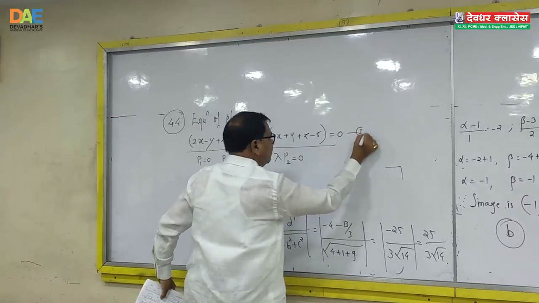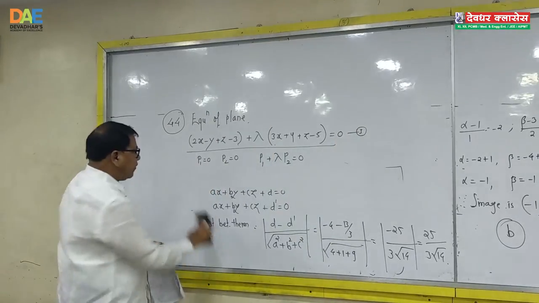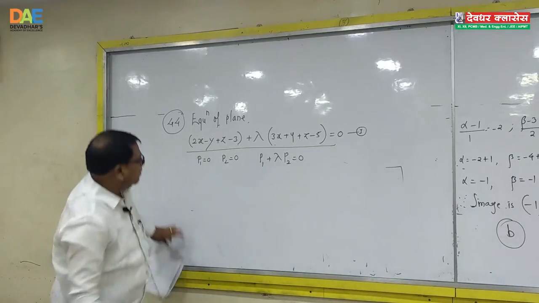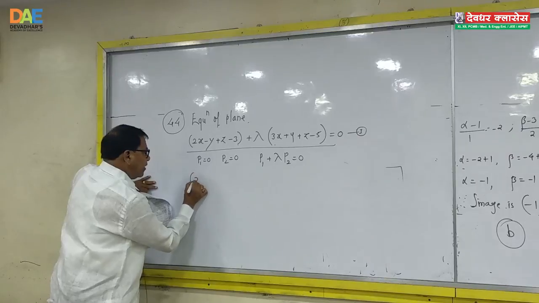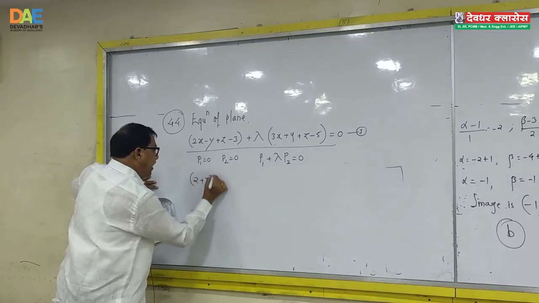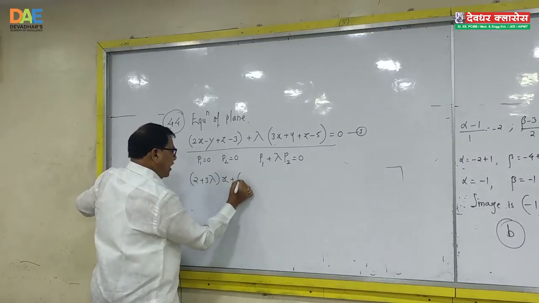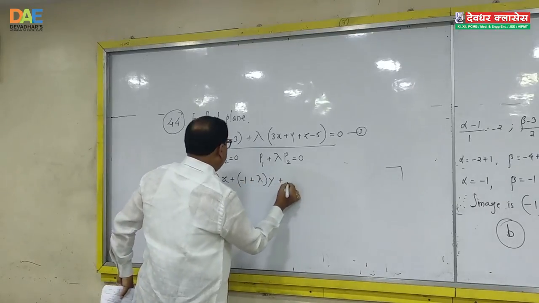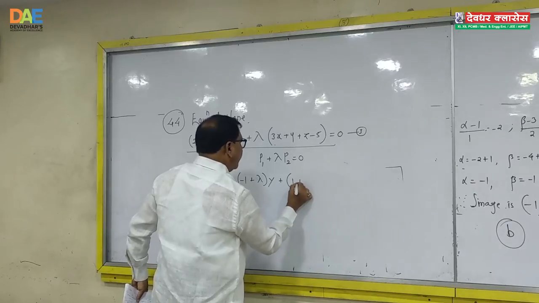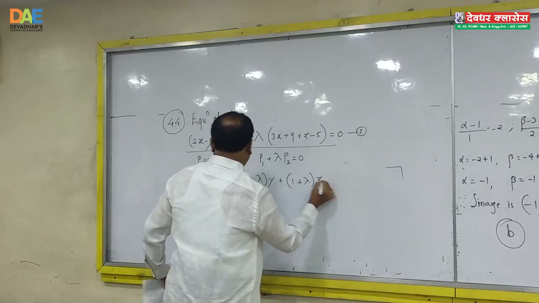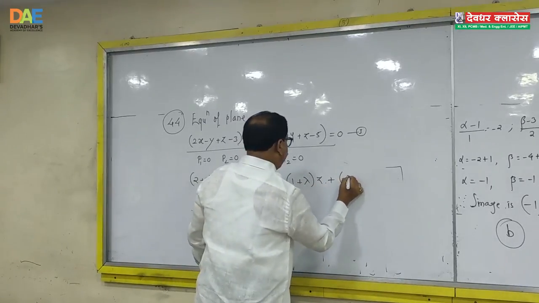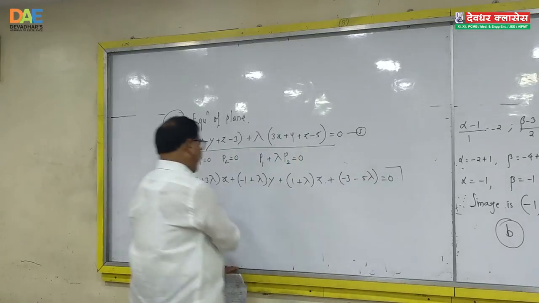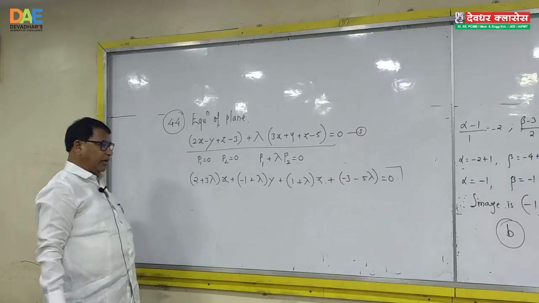I'm going to simplify this equation like this. That is, in bracket 2 plus 3 lambda into x plus into bracket minus 1 plus lambda into y plus into bracket 1 plus lambda into z plus into bracket minus 3 minus 5 lambda is equal to 0. I have collected the terms of x, y, z and so on.